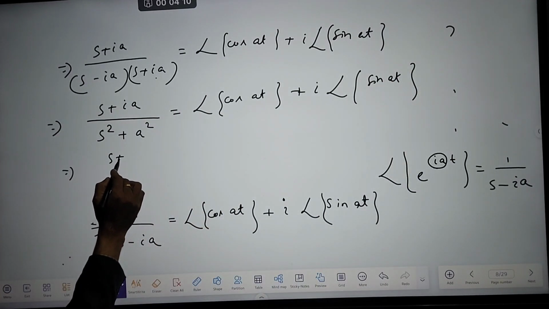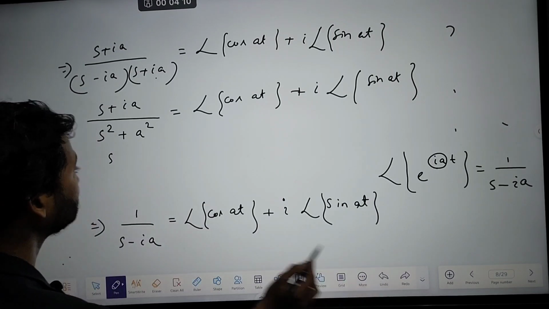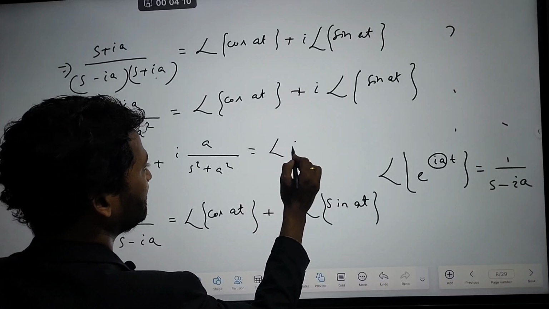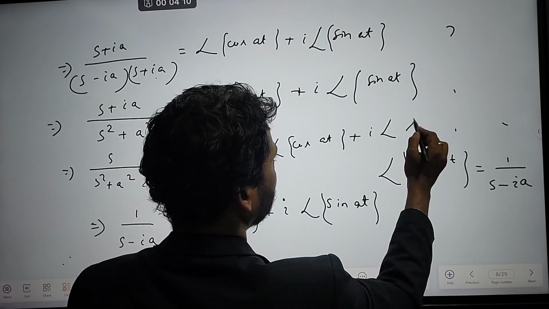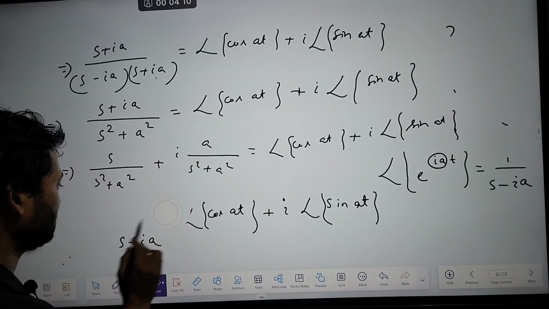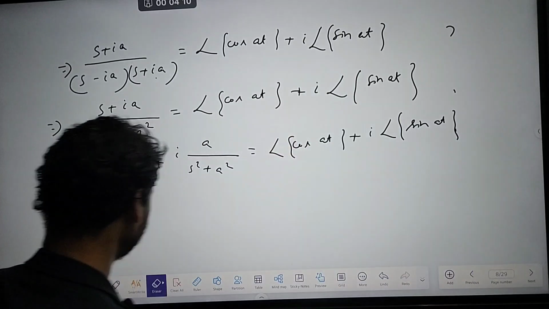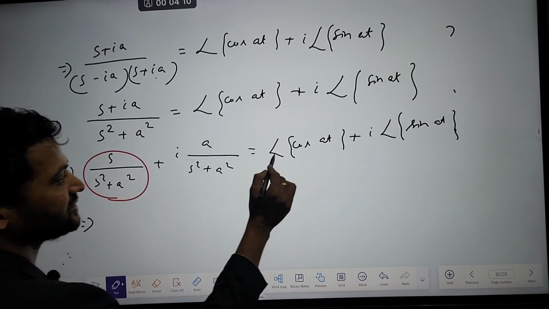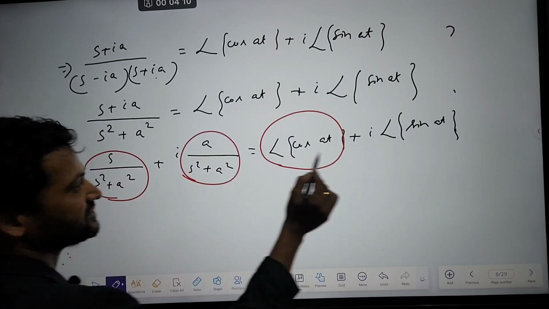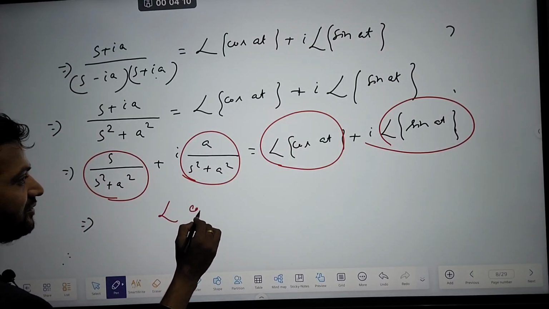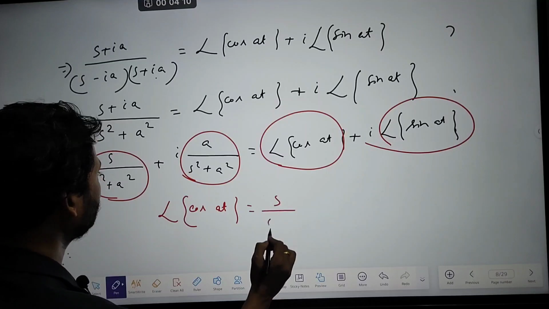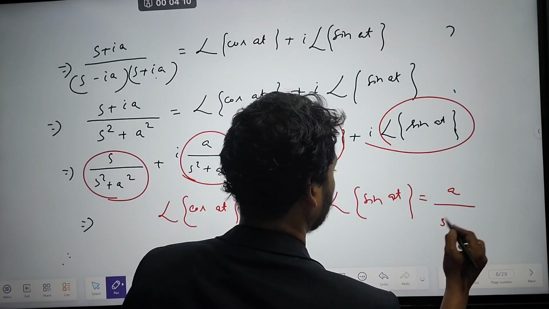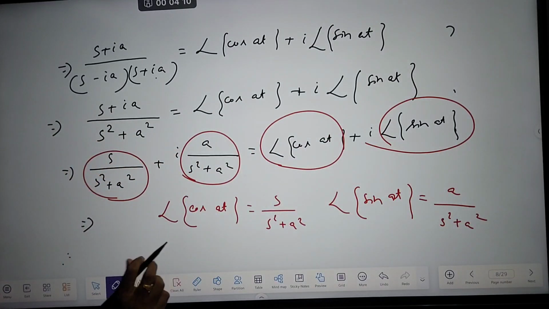Okay, so now I can write s by s squared plus a squared plus i into a by s squared plus a squared, which is equal to Laplace of cos at plus i Laplace of sin at. Okay. So now compare LHS to RHS. If I compare it, then this term is equivalent to this term, and this term is equivalent to this term. Meaning Laplace of cos at is equal to s by s squared plus a squared, and Laplace of sin at is equal to a by s squared plus a squared. Clear? So these are formula number 3 and formula number 4.